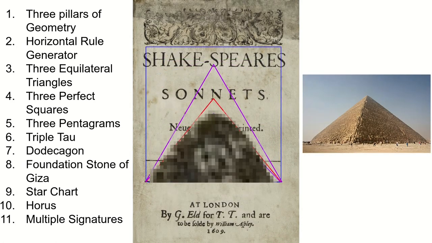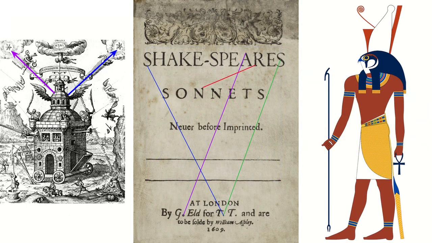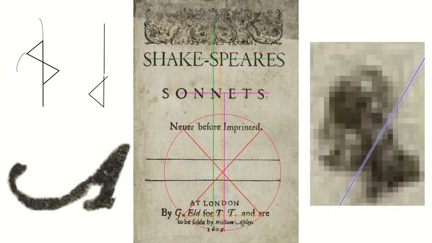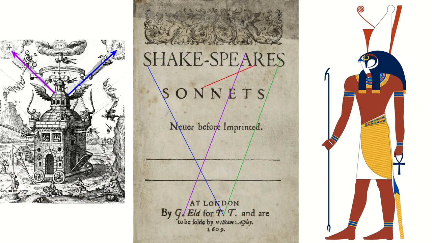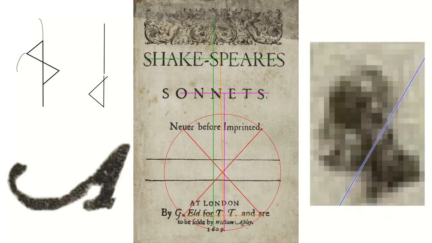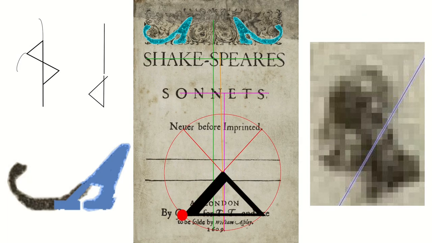We've got three pyramids. We've got a star chart, and with the three most notable astronomical events in history, let alone our era. And then we've got all these signatures at the end, and weird A's and delta dots.